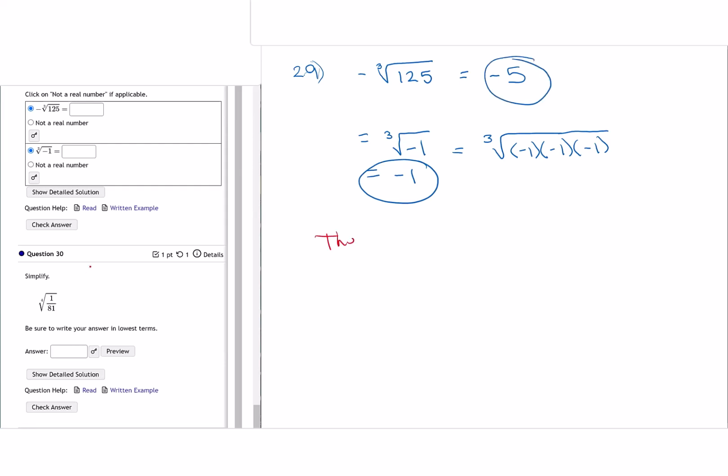The odd root of a negative number exists and is a real number.